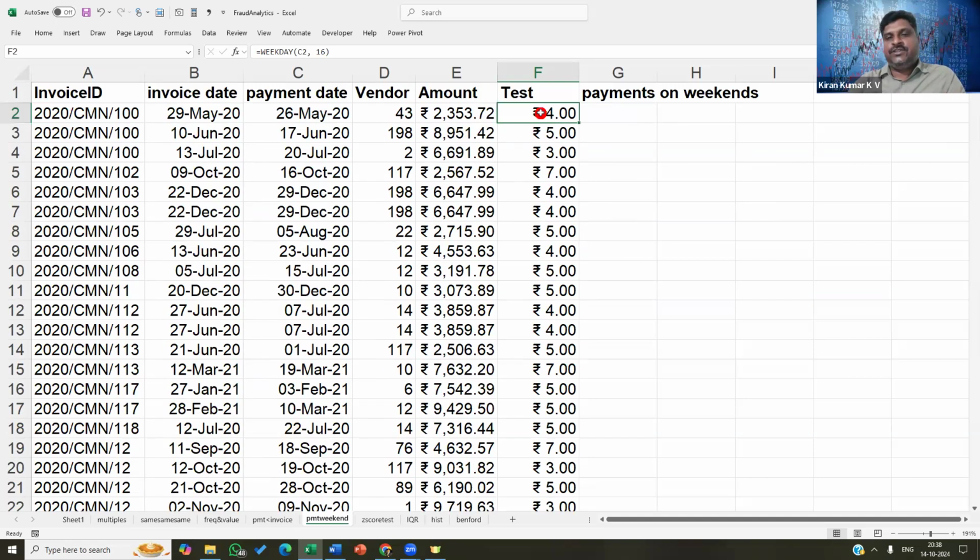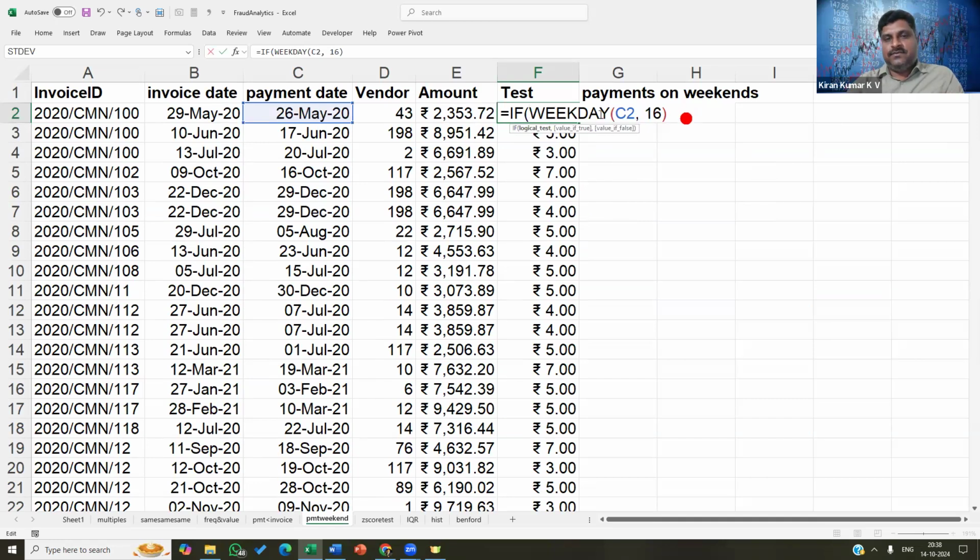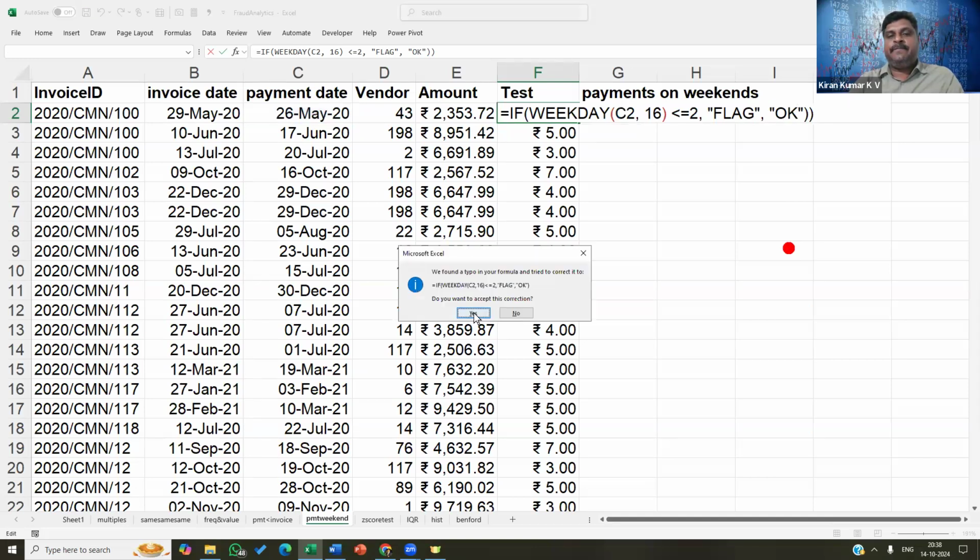So let me put that condition. If weekday of this cell is less than or equal to 2, I would say it is a flaggable transaction. It means it's a payment done on a weekend, which is not possible in my business.